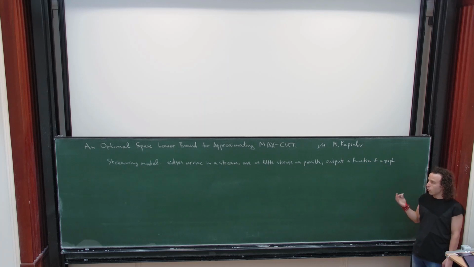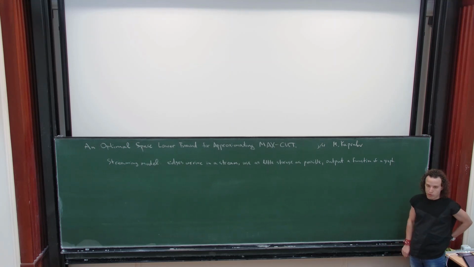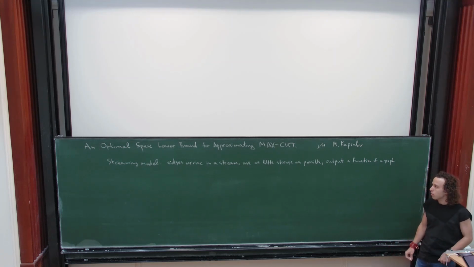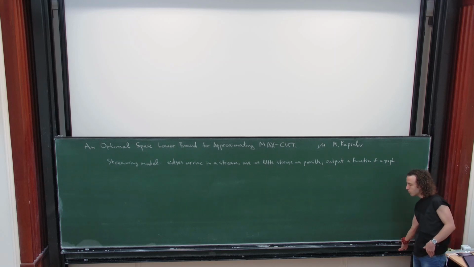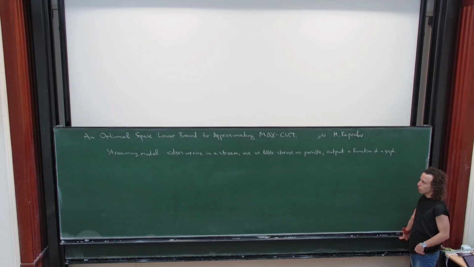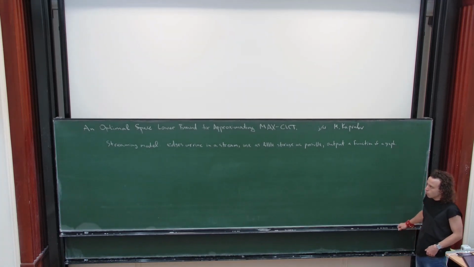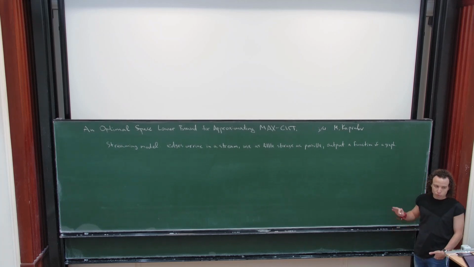Also, we will allow our algorithm to be random, so you have internal randomness, and you only want your result to be correct with some probability larger than 1/2. Okay, so this is the model. We are only going to work with simple graphs: no loops, no double edges, nothing like this.